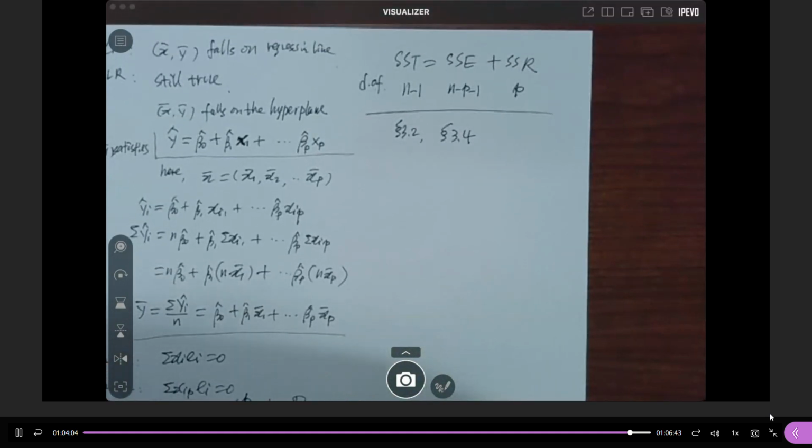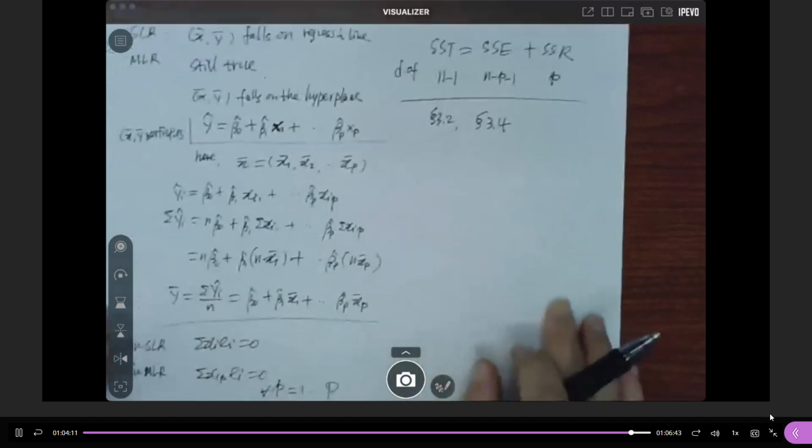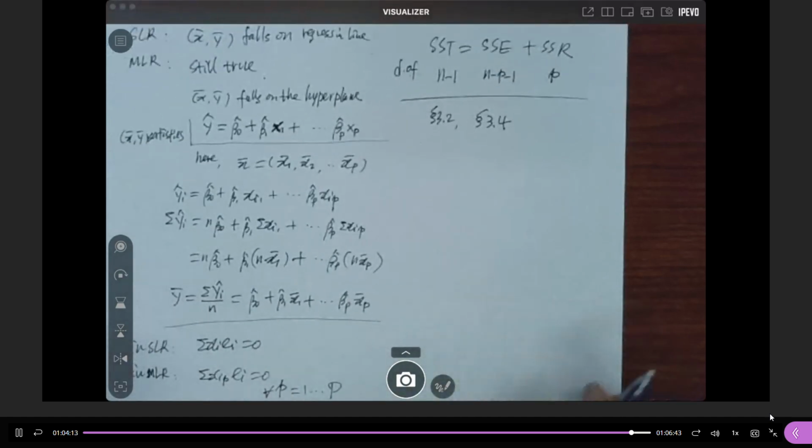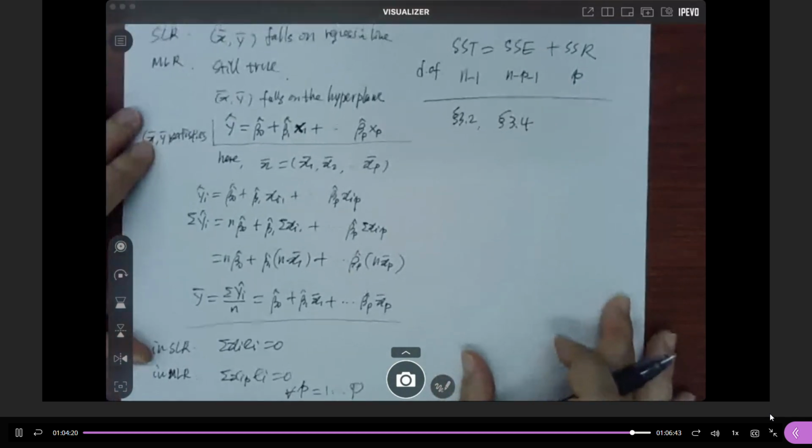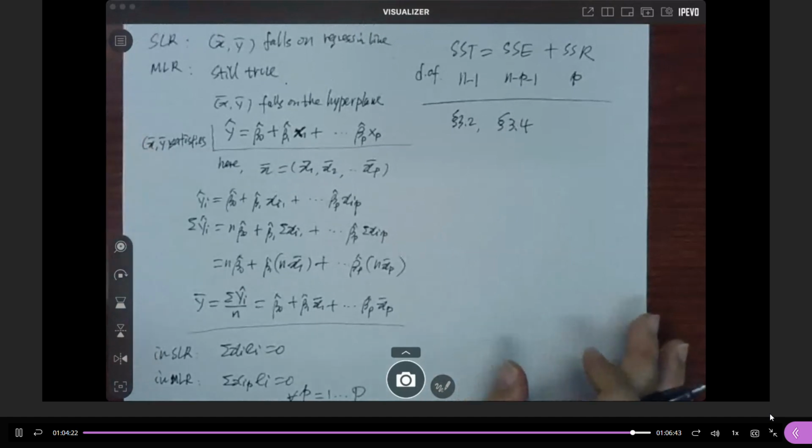So my lecture notes are not a subset of the book, and the same holds the other way around. The book is also not a subset of my lecture notes. So for this part, I basically didn't follow the order the material is organized in the book. So basically use my lecture notes as your standard.